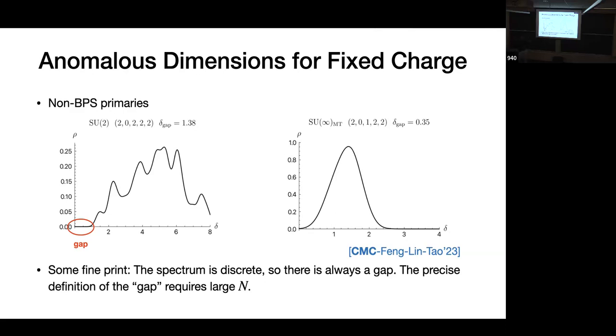And what do I mean by a gap in this case? A more precise definition of the gap is in some average sense, and it can only be defined at large n limit. Let me tell you a bit more.